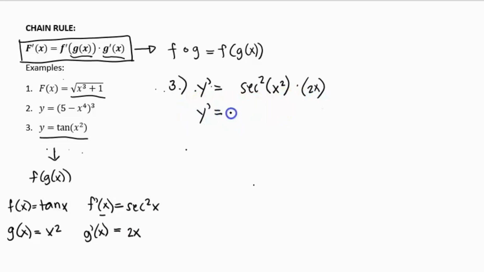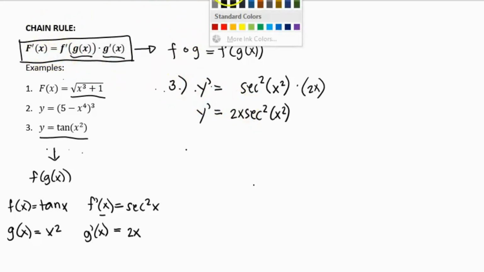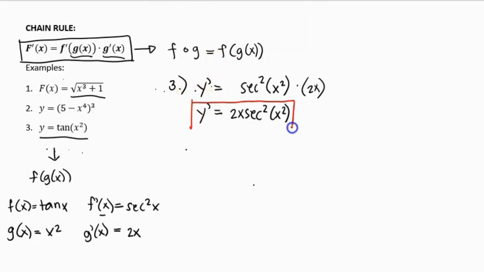So this is 2x secant squared of x squared. That is how you calculate a differential of a function using the chain rule formula. So this is our answer: y prime equals 2x times secant squared of x squared. Thank you.